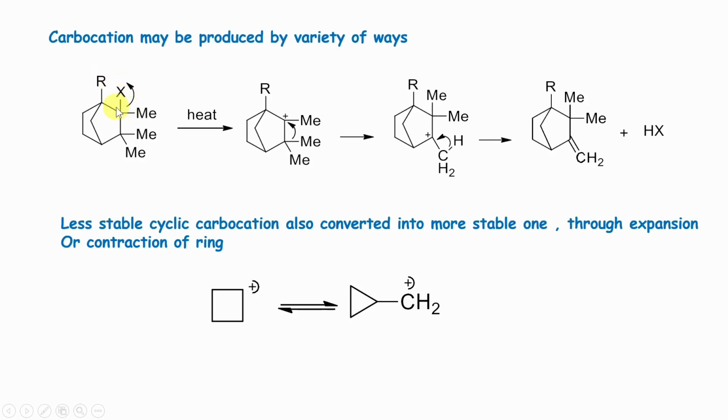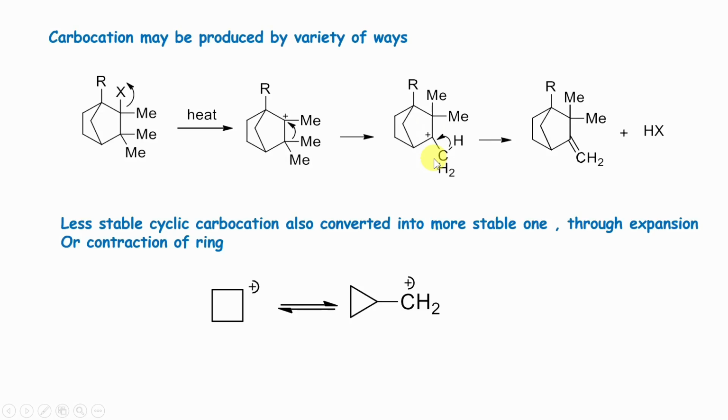For example, this halo compound, on heating, eliminates this halogen, forming this carbocation. And from this carbocation, an alkyl group shifts from this adjacent position to this position. Thereby, a 1,2 shift of the alkyl group takes place to form this new carbocation.